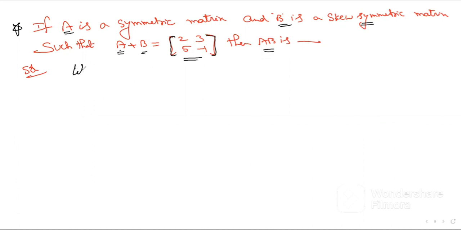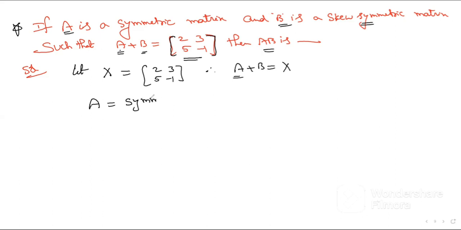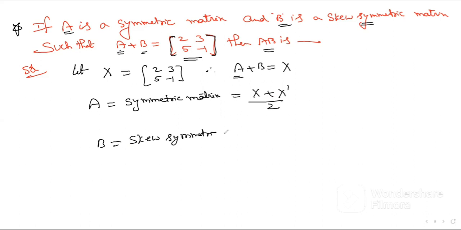Here, let us take the given square matrix as X. X is equal to [2, 3; 5, -1]. Therefore, A plus B is equal to X. Here A is the symmetric matrix, and the formula is (X plus X dash) by 2. B is the skew symmetric matrix, and this formula is (X minus X dash) by 2.